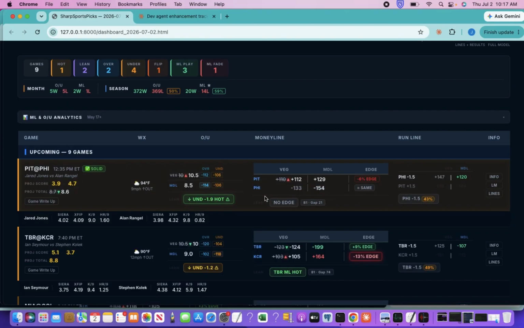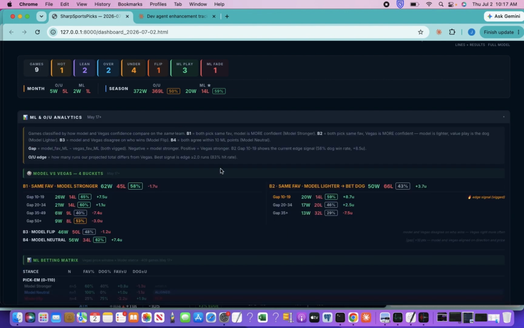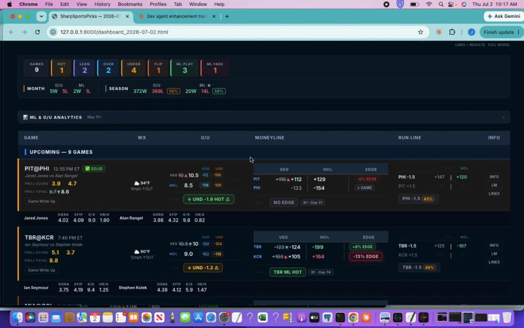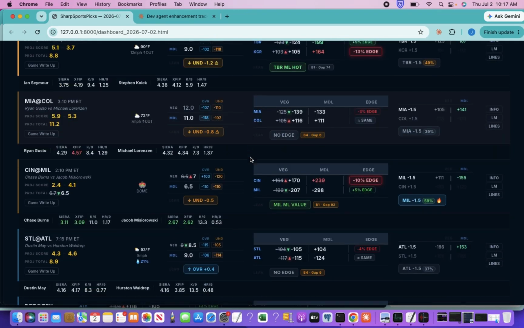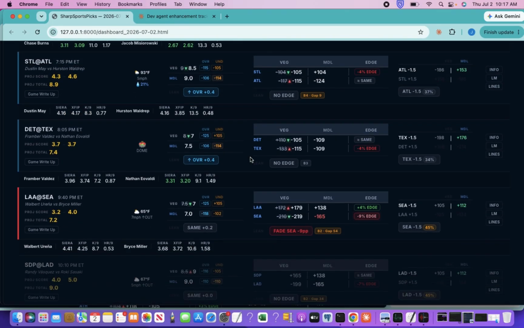That would fall into this bucket. So that's option one. We have the same money line favorite, but we are just heavier than Vegas is on it. And then option two is we have the same favorite as Vegas, but we're lower on the favorite than Vegas. So let me find an example of that.